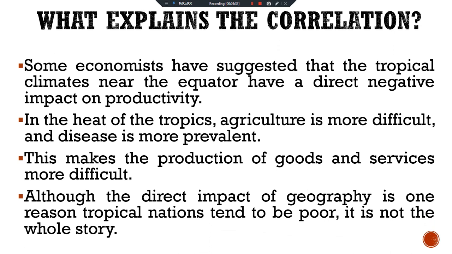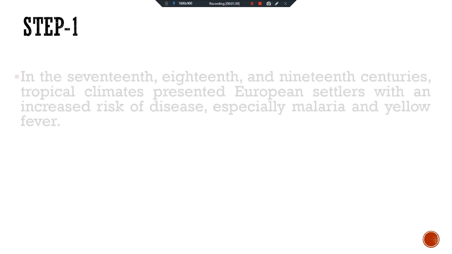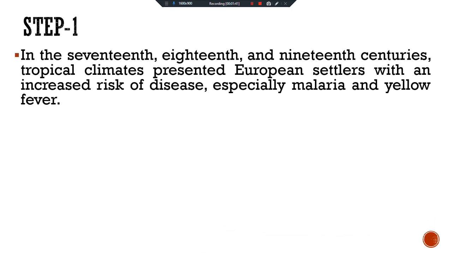Here is their explanation presented in several steps. Step 1. In the 17th, 18th and 19th centuries, tropical climates presented European settlers with an increased risk of disease, especially malaria and yellow fever.